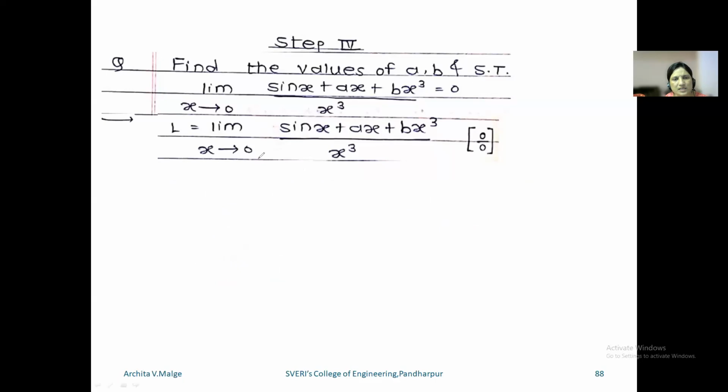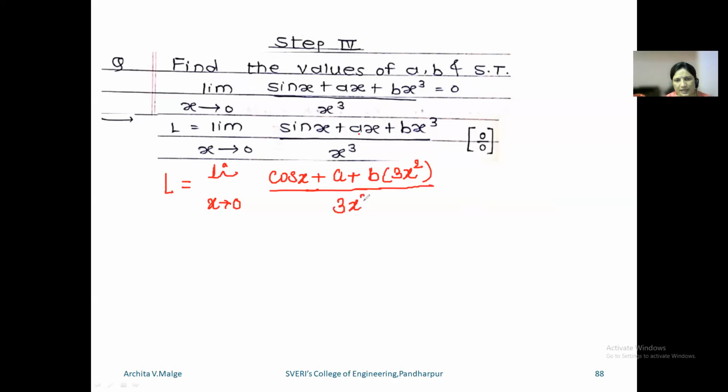So keeping x equal to 0 in this function, we are getting 0 by 0 form. Then we are applying that L'Hospital rule. According to that, limit as x tends to 0, derivative of sin x is cos x, plus derivative of a into x, that is a, plus derivative of b into x cube, that is b into 3x square, divided by derivative of x cube, 3x square.